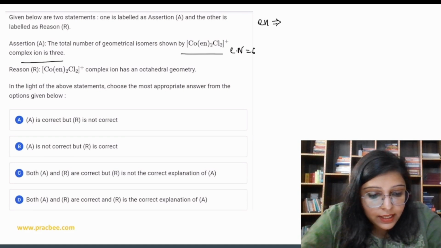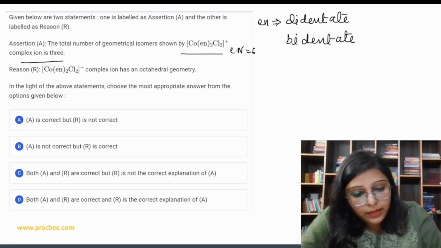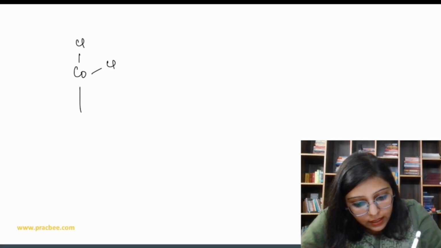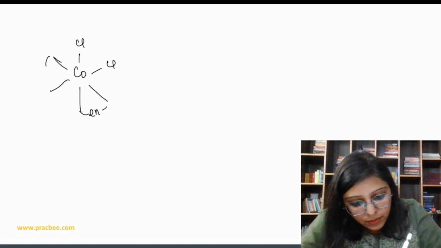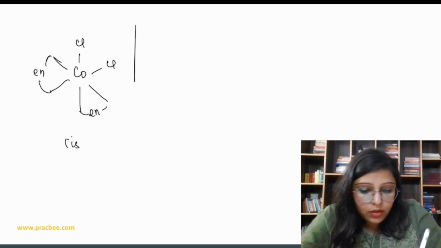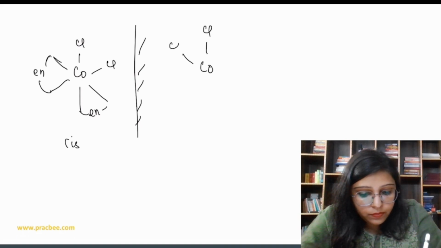Ethylenediamine is a bidentate ligand. So is it 3? Let me write. So Co, Cl, and then we have ethylenediamine, and we can write ethylenediamine like this. So this is the cis form, and we can have the mirror image of this one.